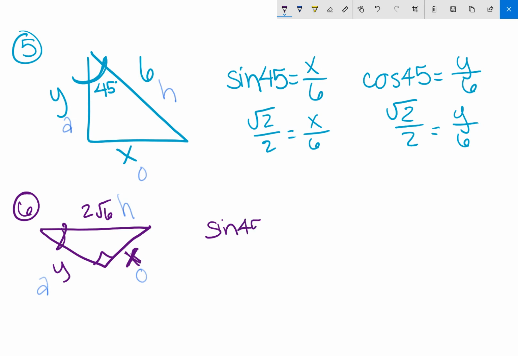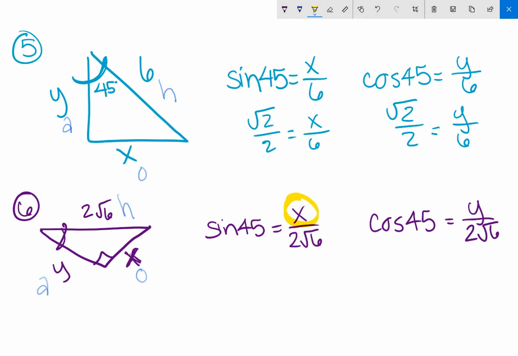Sine of 45 equals x over 2 square root 6, and cosine of 45 equals y over 2 square root of 6. Notice, I know I did it quick, but this was my opposite side, and this is my adjacent side. So then we're just putting it over the hypotenuse. And then plug in those values for sine 45 and cosine 45, just like we did on number 5.